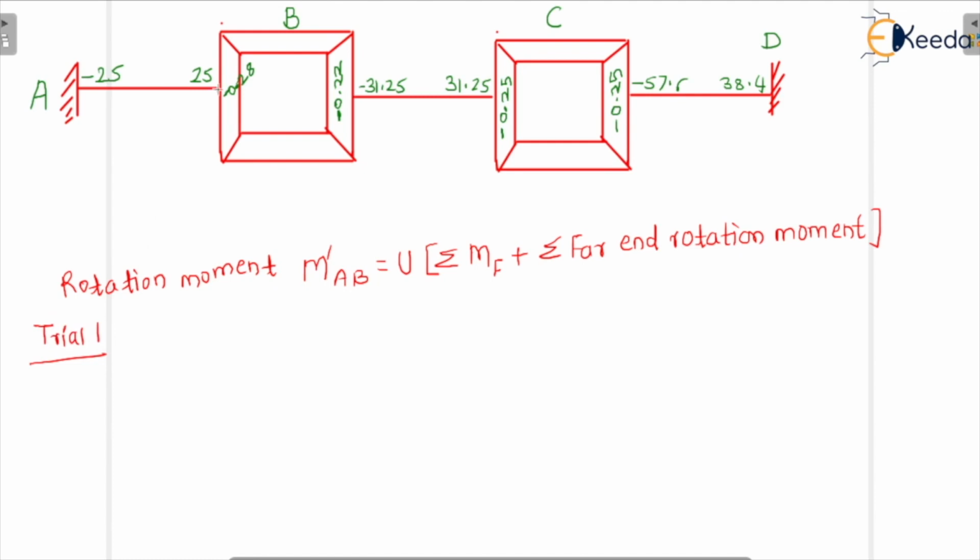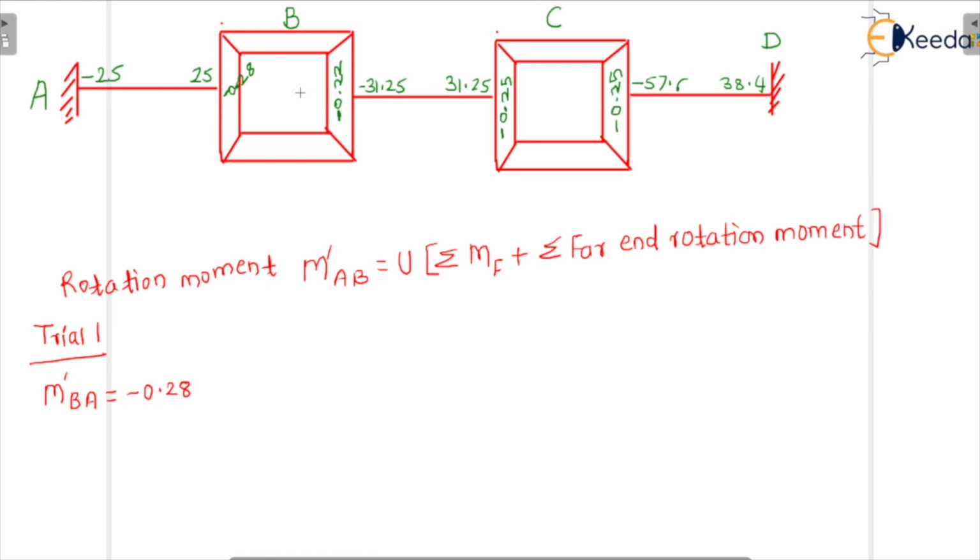So in this, let us try m dash of BA. So m dash of BA is equal to, now just see what is the rotation factor, that is minus 0.28, into, when you do the summation of minus 31.25 and 25, what is the total moment here, right?